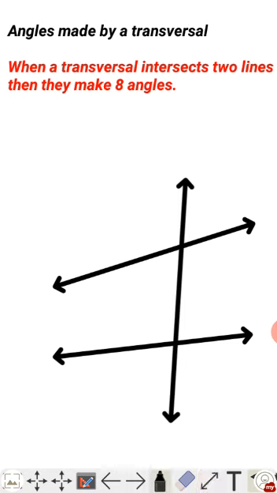And when the transversal intersects two lines, then they make 8 different angles. Now how do we get the 8 angles?